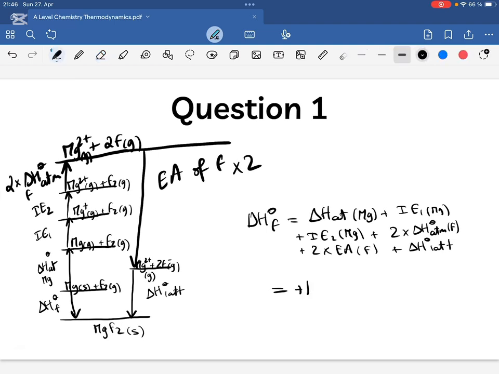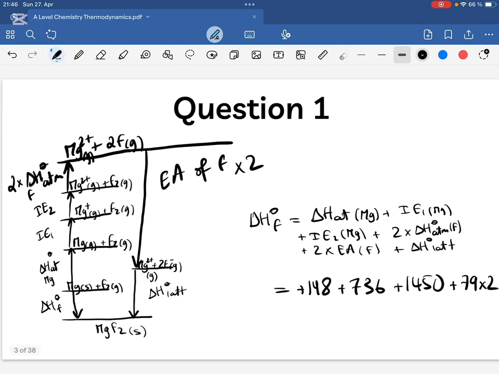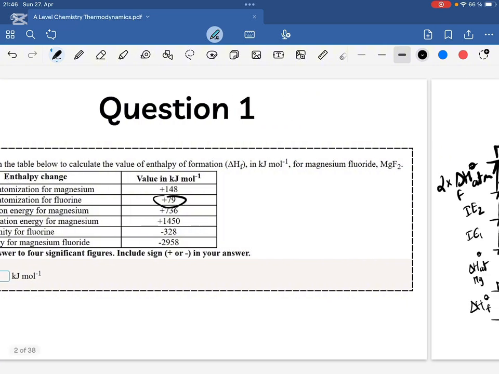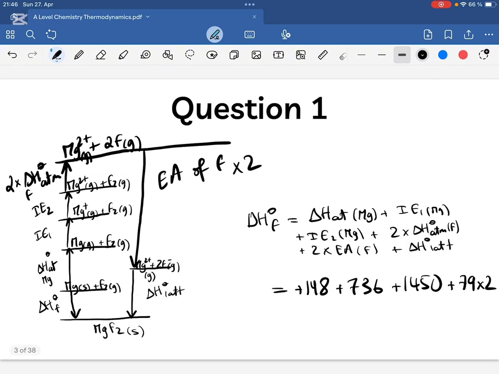So plus 148 plus 736 plus 1450 plus 79 times 2, because as we said, the atomization needs to be multiplied by 2 because we're forming 2 moles of fluorine gas, or fluorine atoms I mean.